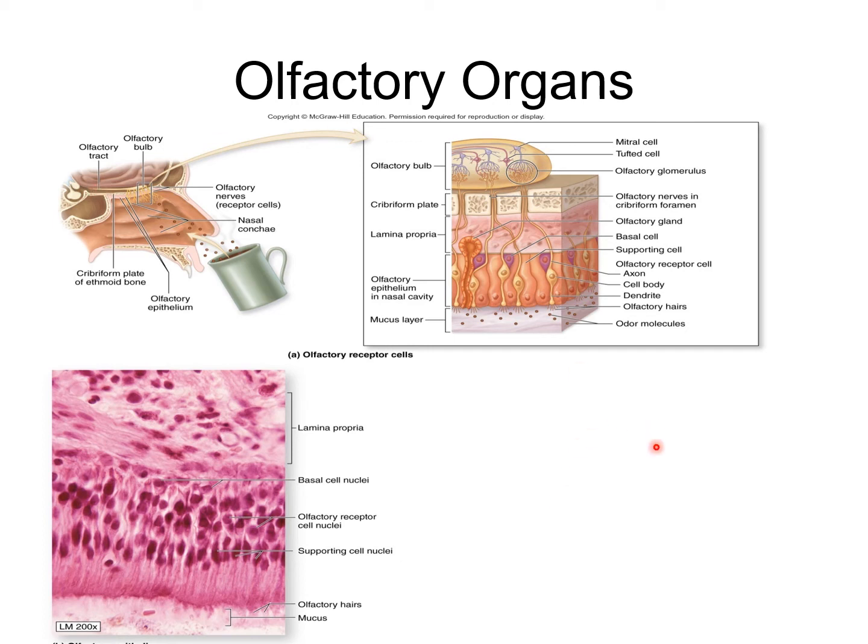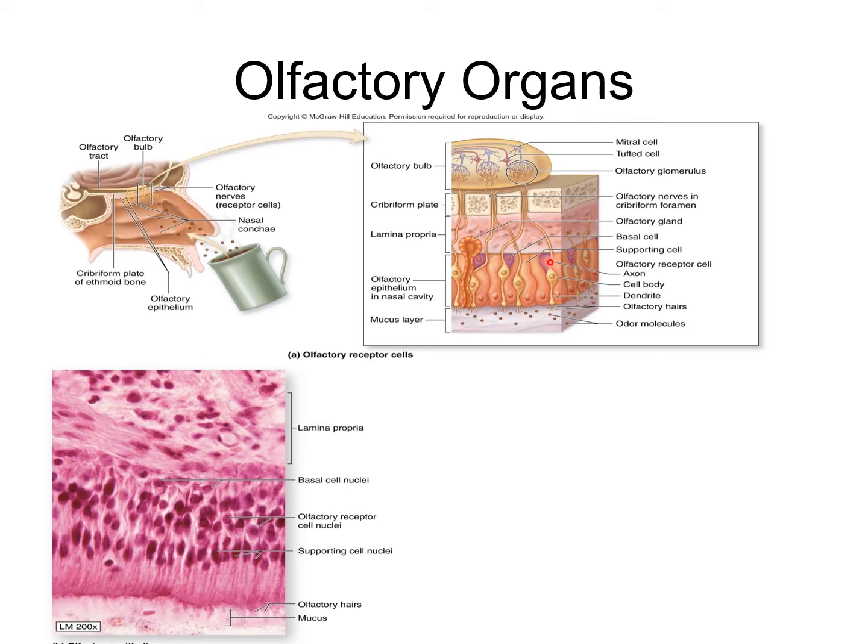Now, those olfactory sensory neurons don't last forever. Their lifespan is from 30 to 60 days, and then we replace them, because there are a bunch of basal cells. You see those basal cells right here, and those basal cells are basically stem cells.